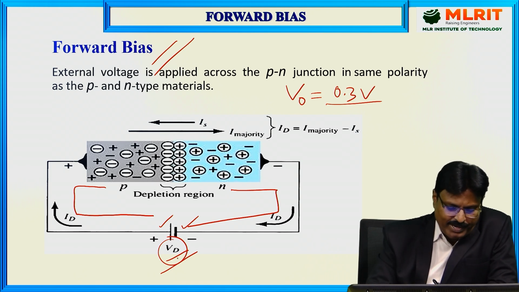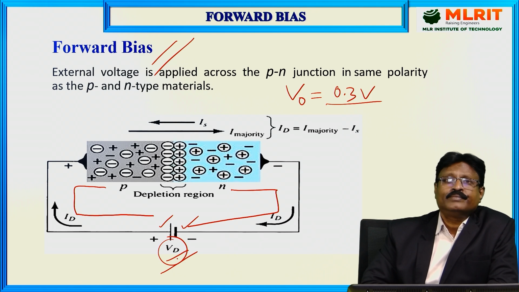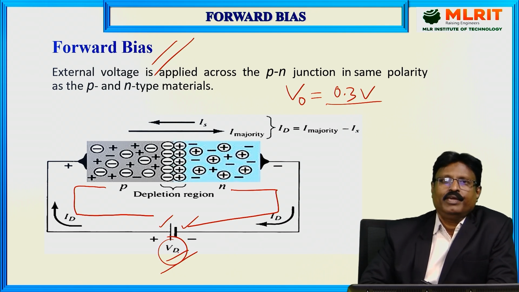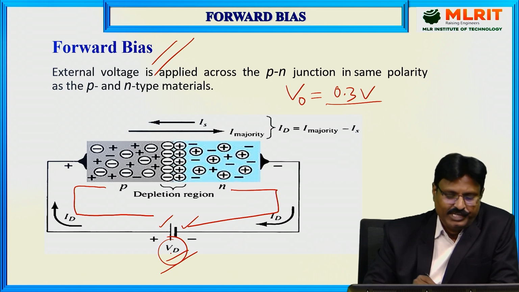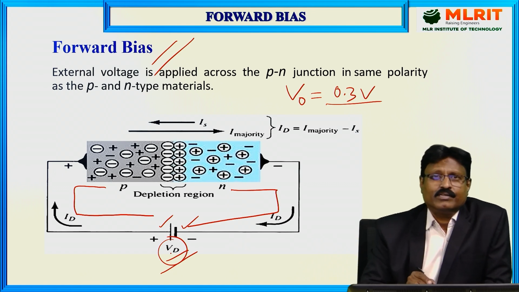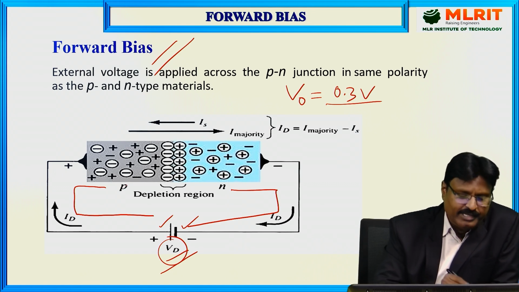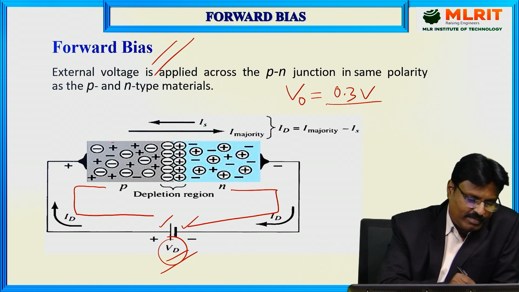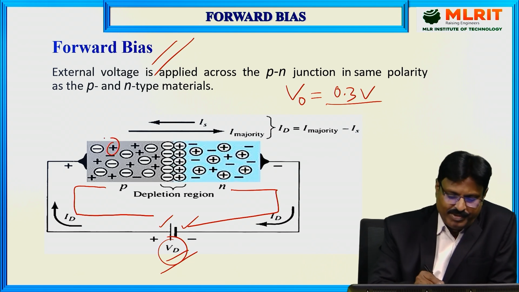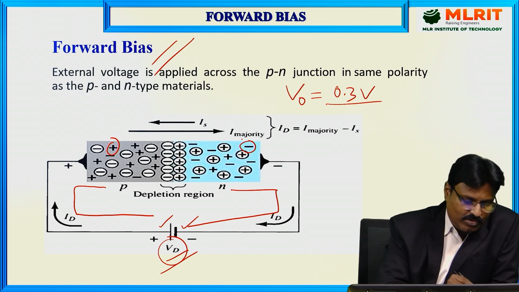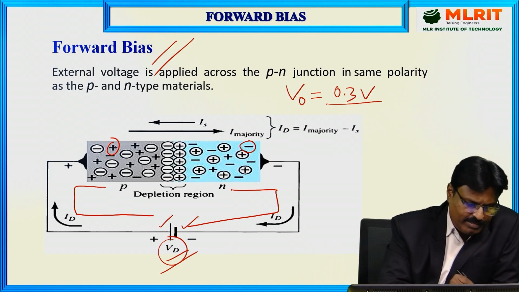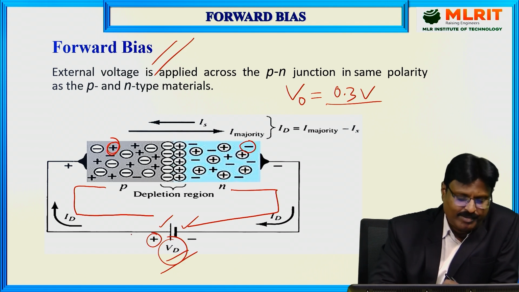So here I am applying a voltage of VD. Let us check the status of the charges here. On the P side, the majority carriers are holes, and on the N side, the majority carriers are electrons. The holes are connected to the positive terminal of the battery.